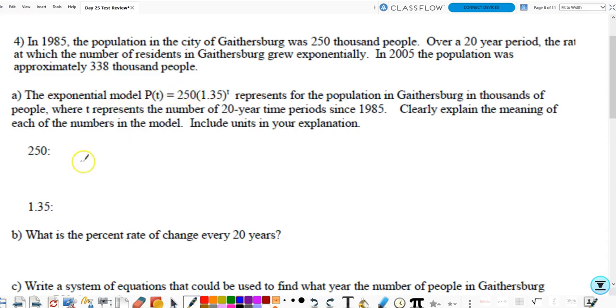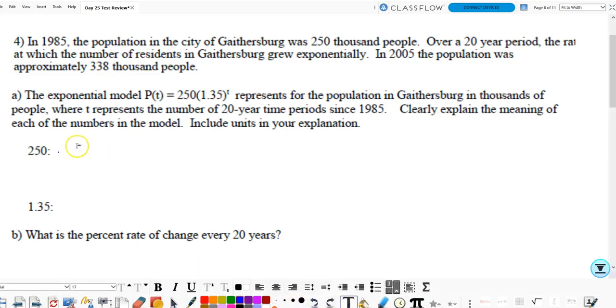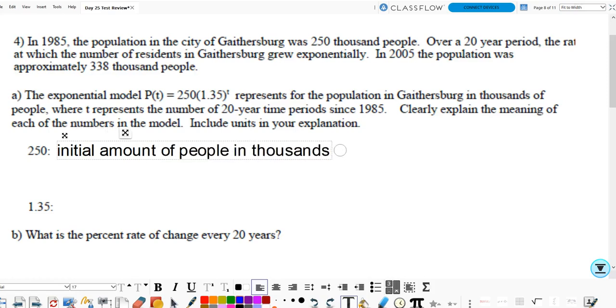So the 250 is the initial amount of people in thousands in Gaithersburg.